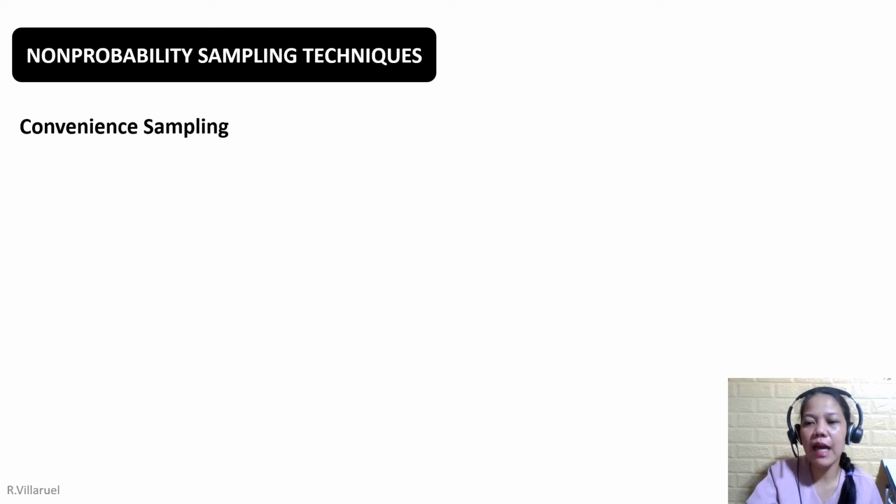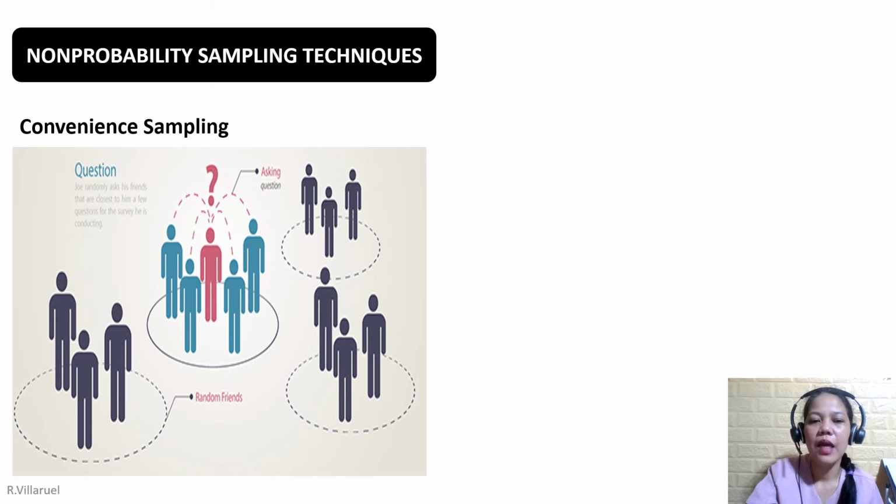Ang problem lang sa convenience sampling, yung sample ay hindi siya representative ng entire population. So, dito sa picture, as you can see, ito si researcher, and then he or she has yung kanyang random friends.